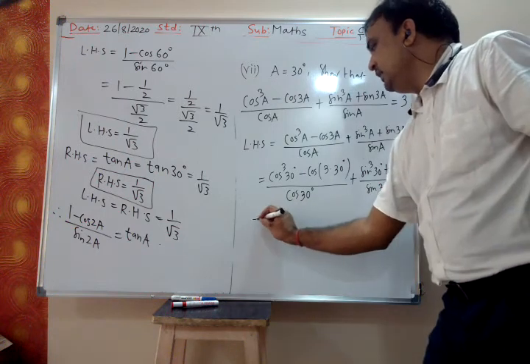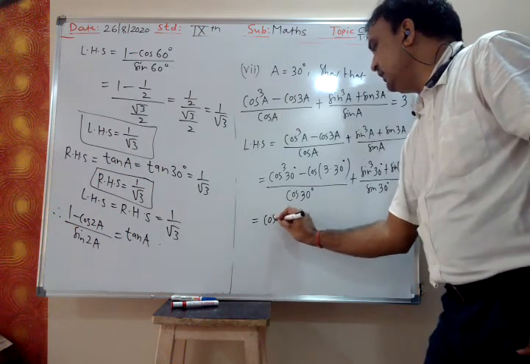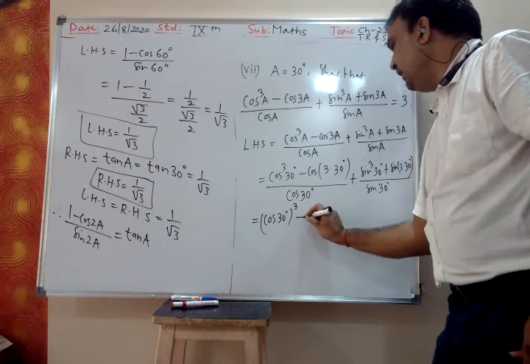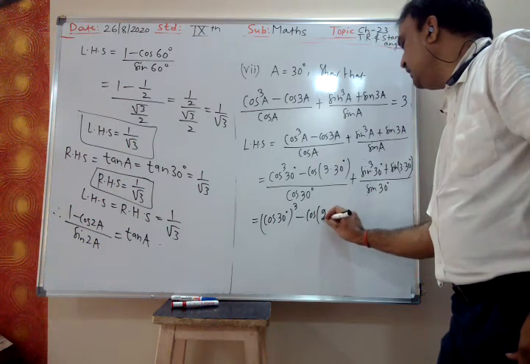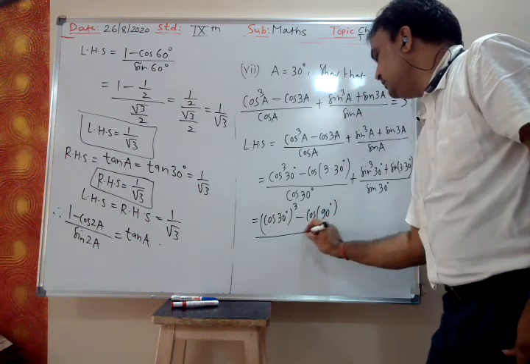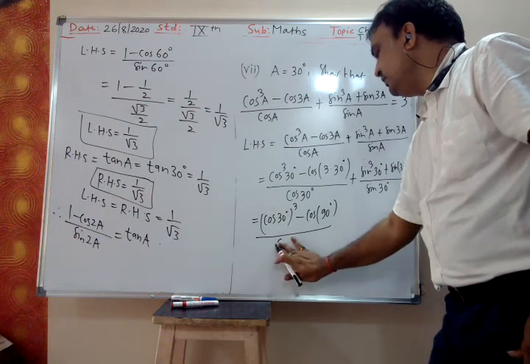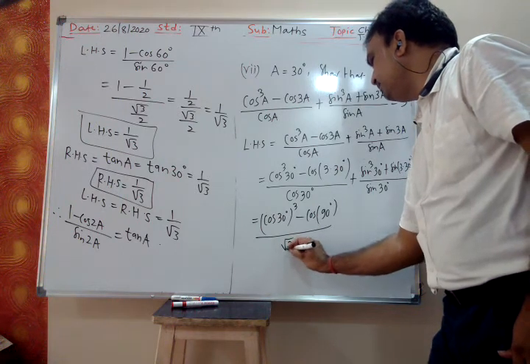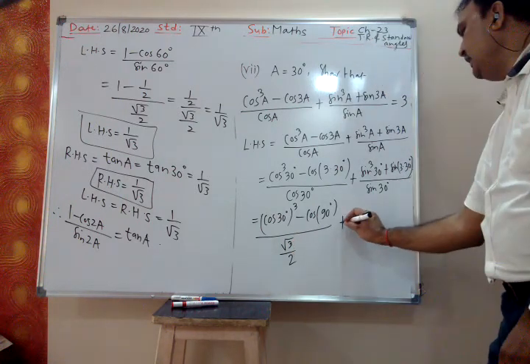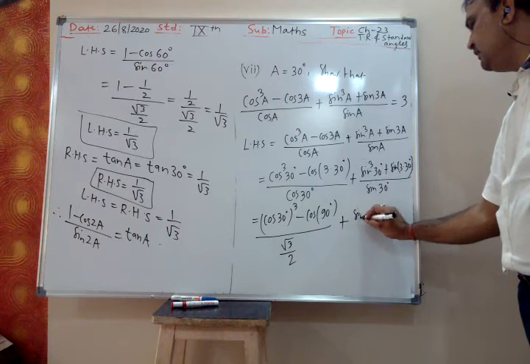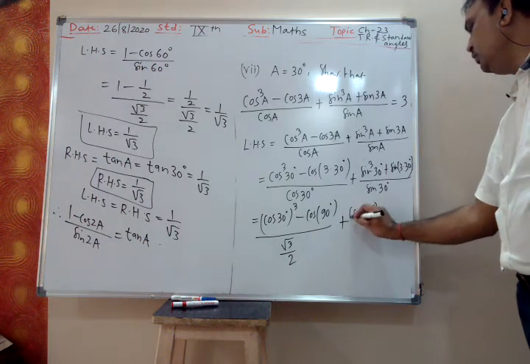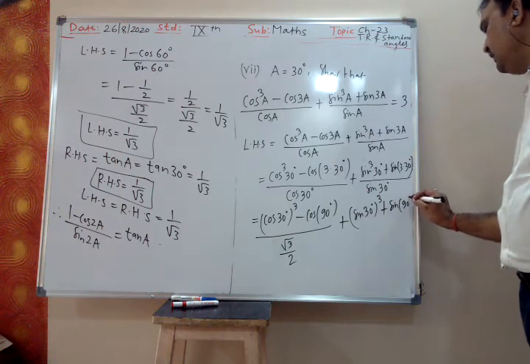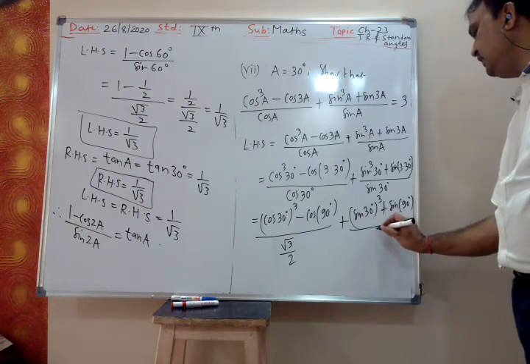So cos cube 30 degrees is the same as cos 30 degrees whole cube, minus cos 90 degrees upon cos 30 degrees. What is cos 30 degrees? Cos 30 degrees is root 3 by 2. Plus sin cube 30 degrees is the same as sin 30 whole cube, plus sin 90 degrees upon sin 30 degrees, which is 1 by 2.